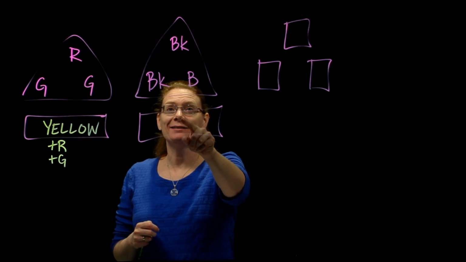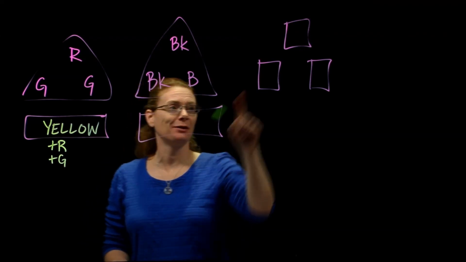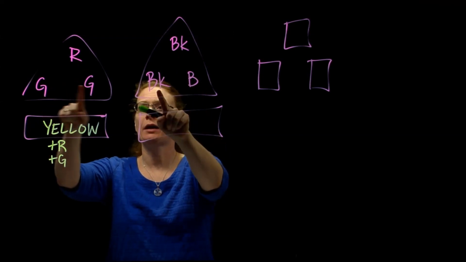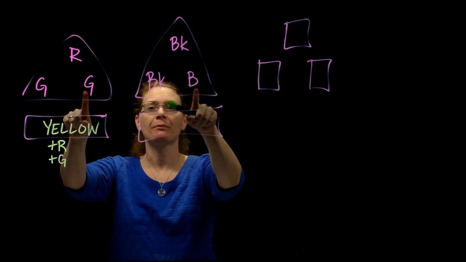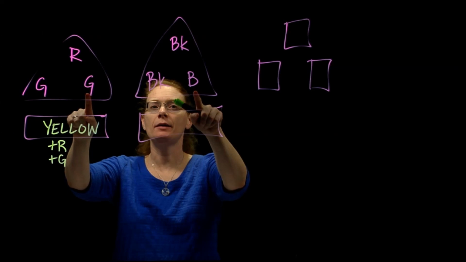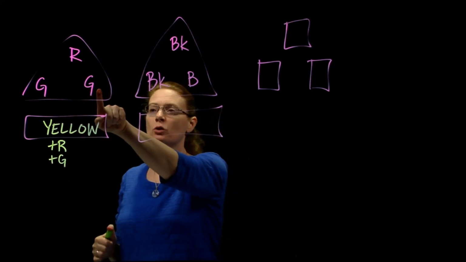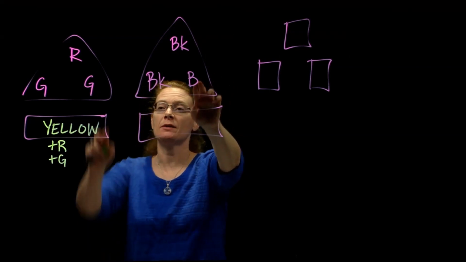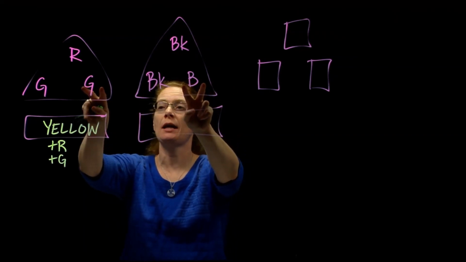Now here, okay, well, I'm going to see if I can figure something else out. Red looks black, green looks black, green looks blue. Hey, I look at these 2 and I say, this object in one condition looks green, but the same object in another condition looks blue. That means this object contains both green and blue.